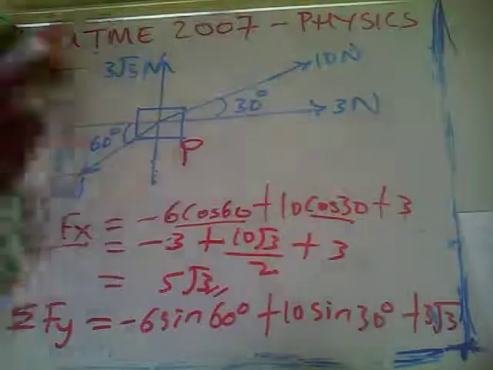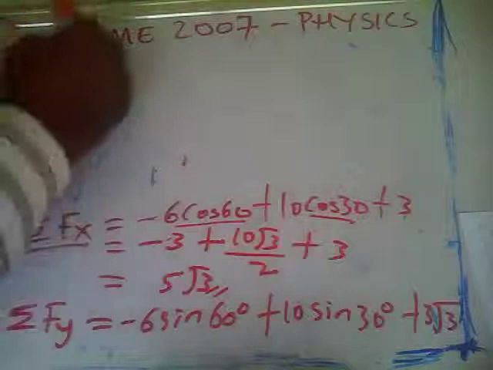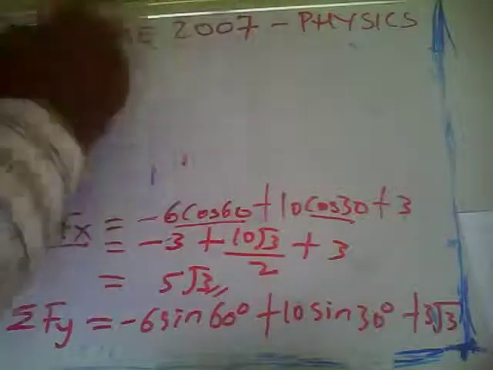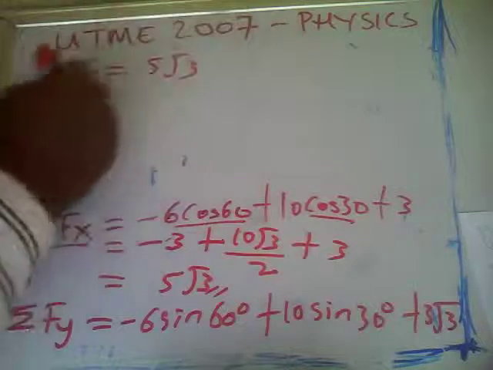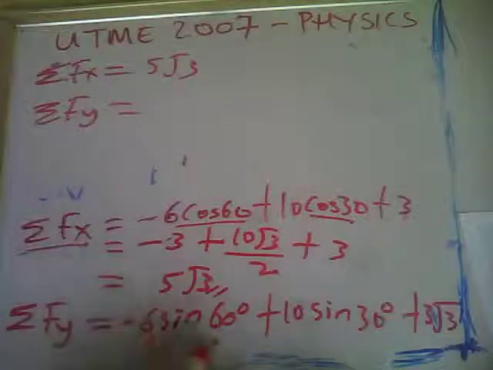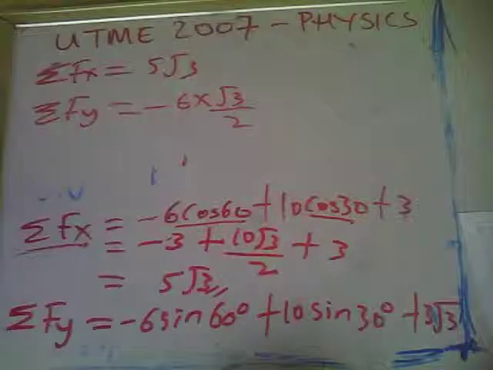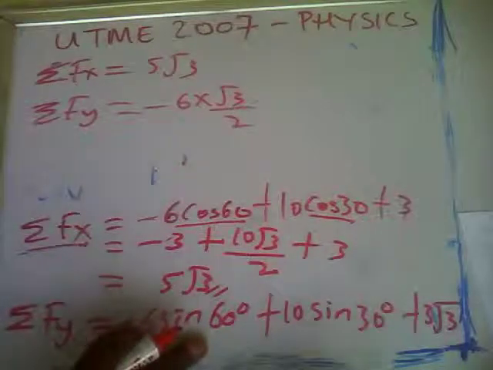So we now break everything down. We resolve it completely. The total horizontal component is 5 root 3. Then the total vertical component is going to be minus 6 sine 60. That's minus 6 times root 3 over 2, since sine 60 is root 3 over 2.